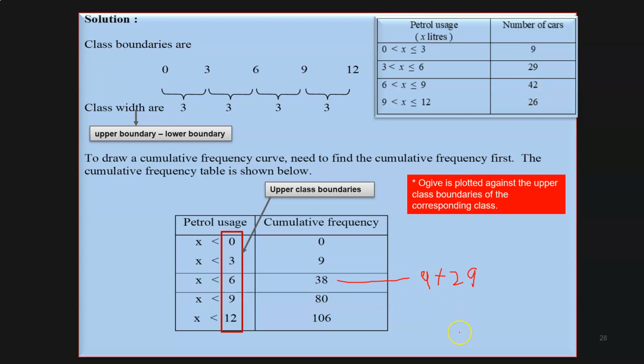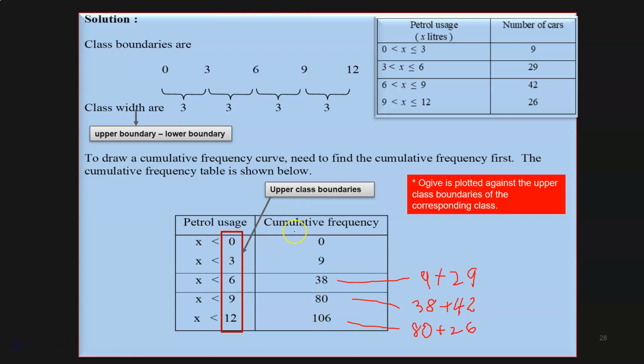So, you tambah lagi lah. 38 plus 42. That's why you get 80. And how do you get 106 over here? 106, 80 plus 26. Okay. So that's why you get 106.